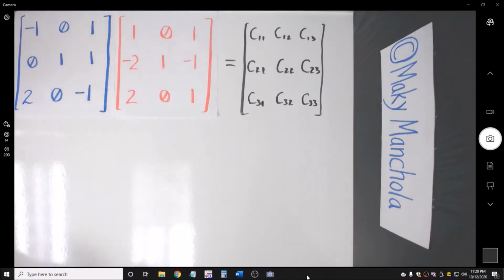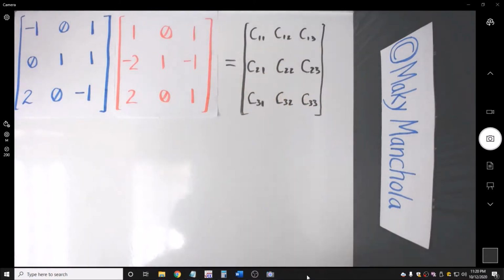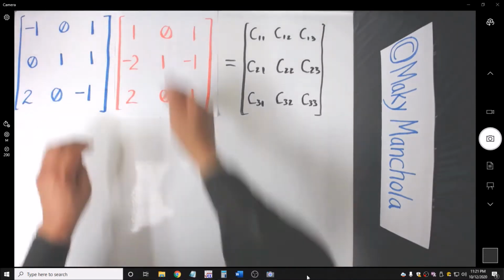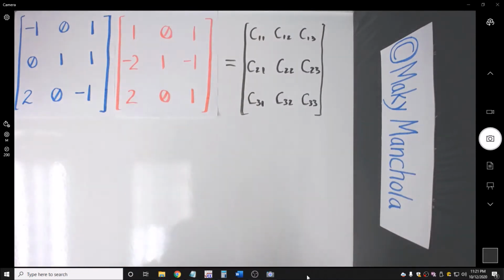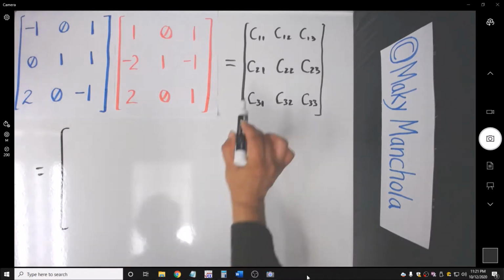To obtain the entries C11, C12 all the way to C33, we take dot products of rows of A and columns of B. So let's look for C11.